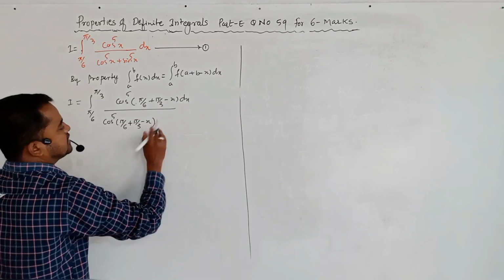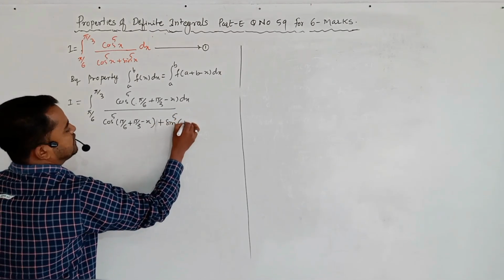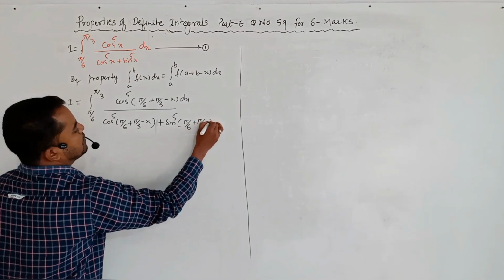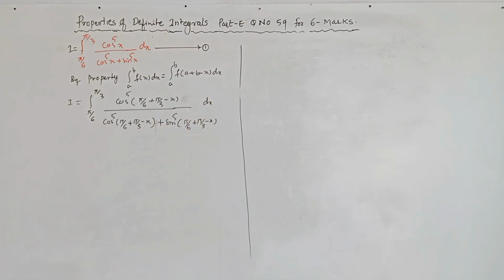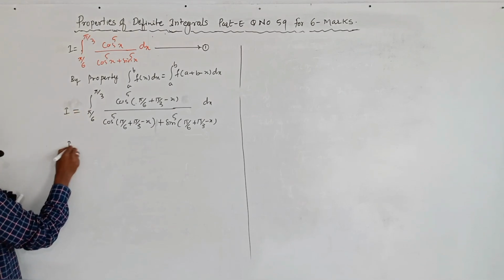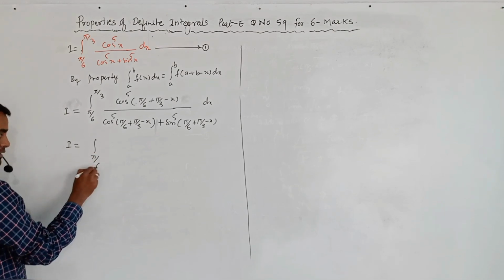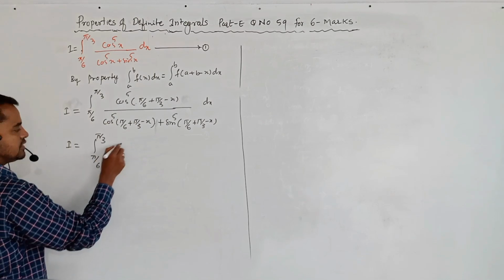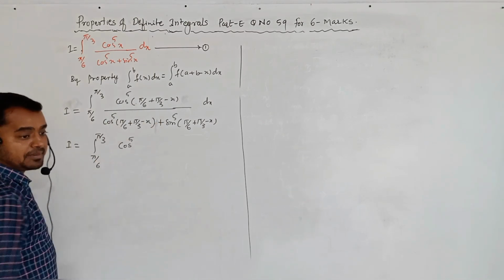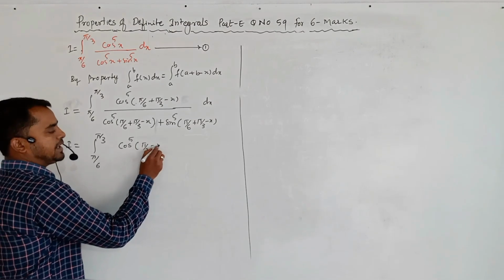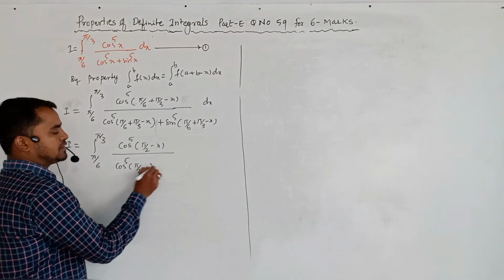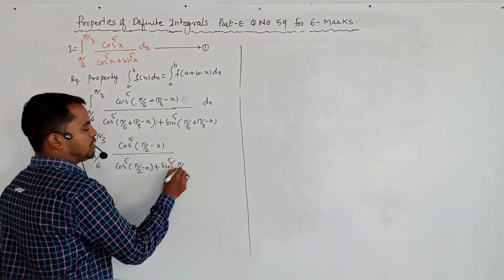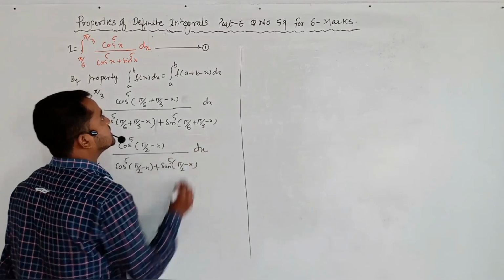Now 5π/6 plus 5π/3 is nothing but 5π/2, so cos^5(5π/2 minus x) divided by cos^5(5π/2 minus x) plus sin^5(5π/2 minus x) dx.